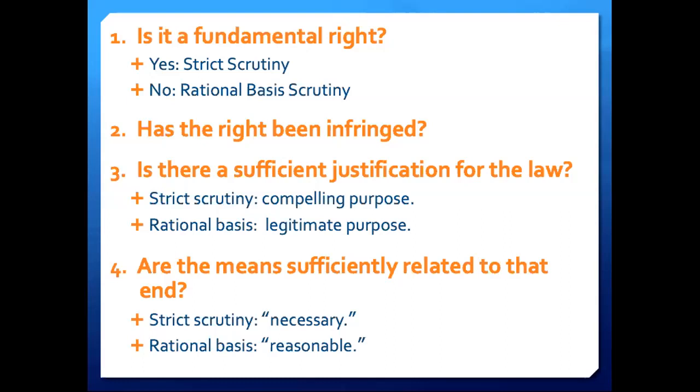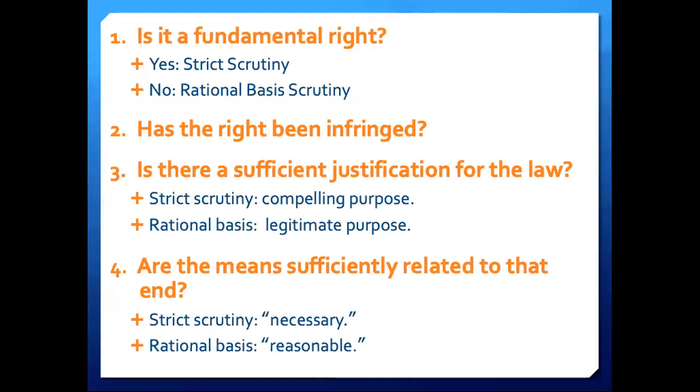And then we would take a look at the justification for the law. With the Zablocki case, the state would argue that their goal here, their purpose, their justification for putting this limitation on the right to marry was to protect children, to ensure that they are getting the child support that they are due, and that this was an opportunity for the state to try to collect that payment.